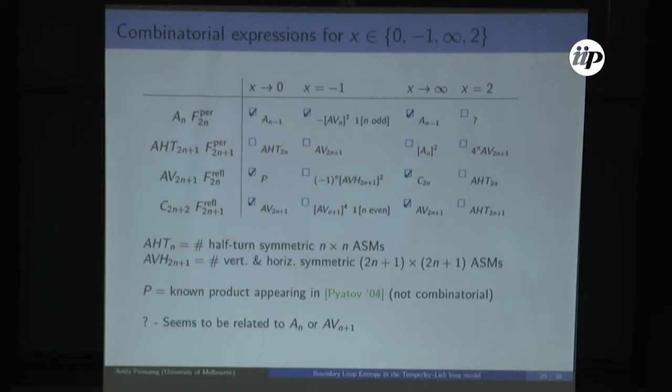So it's not an even system size, it's a system size that's divisible by 4 that you have to be careful of. Okay, and I've got all these boxes next to things. The ones with ticks in them are the ones that have been proved. The other ones are either very obviously true but just not proved, or they're the question mark, numbers that we haven't actually been able to relate to alternating sign matrices yet, which doesn't seem like such a stretch at this point.